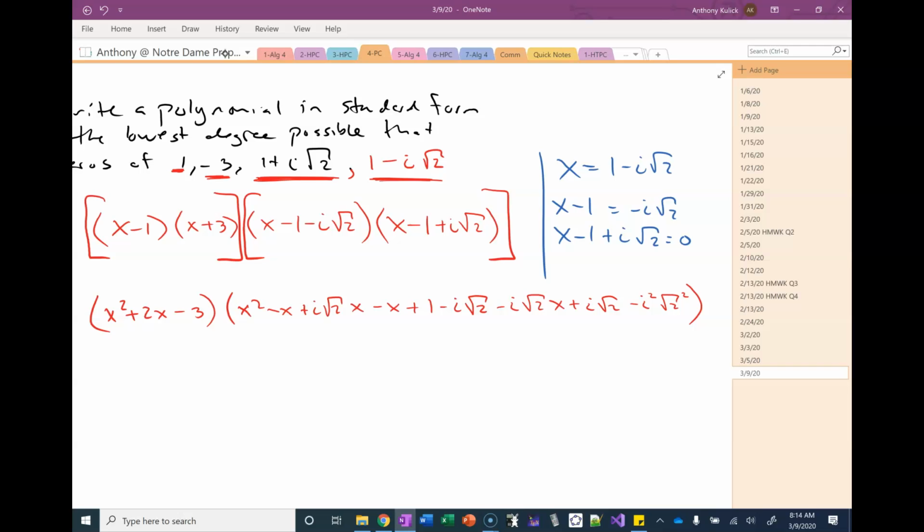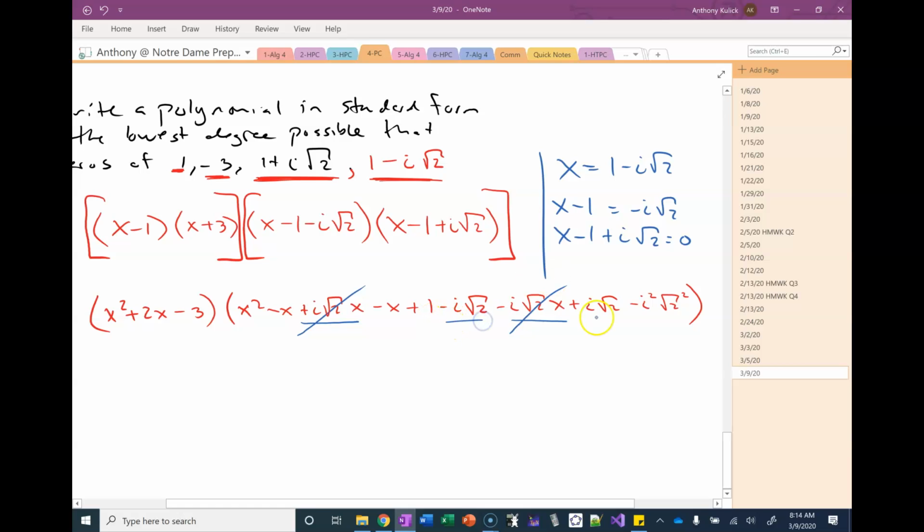The good news is it's about to get a lot better, because look at what's going to happen when we combine our like terms there. I have a positive I square root 2x and a negative I square root 2x, so those are going to cancel.